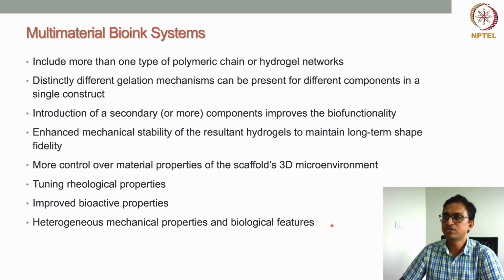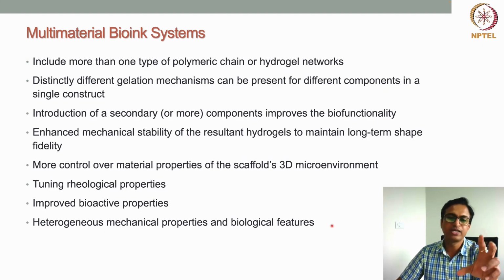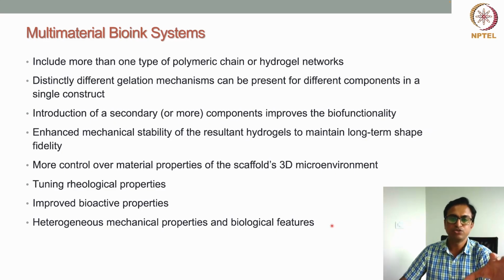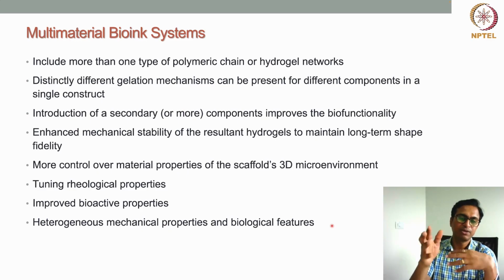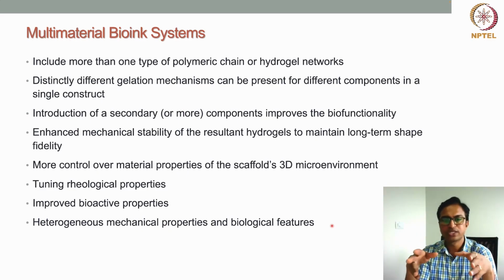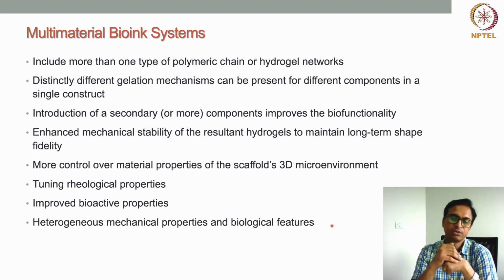That means the scaffold's mechanical property can be varied at different zones. Suppose if we use two different hydrogels in a single construct, then we can deposit this bioink simultaneously at different locations, and we can modulate the mechanical properties at different locations or different zones of that construct. By this way we can get heterogeneous mechanical property.